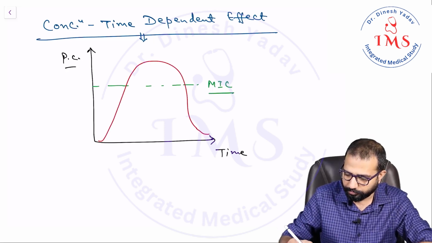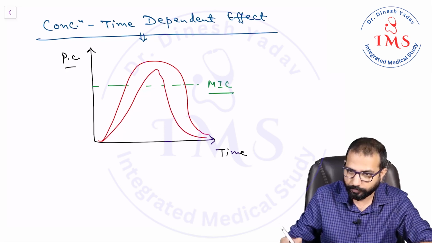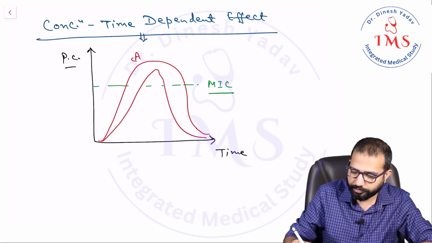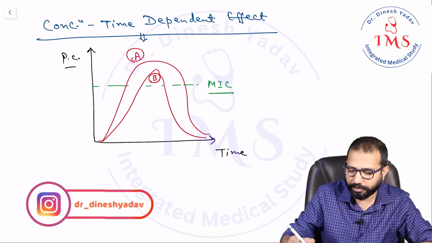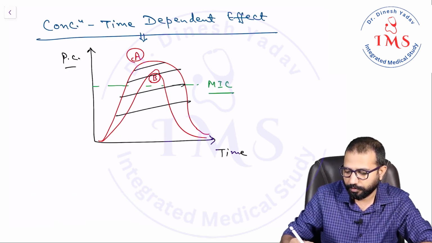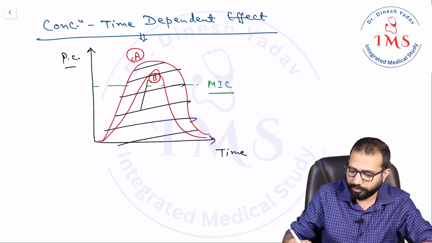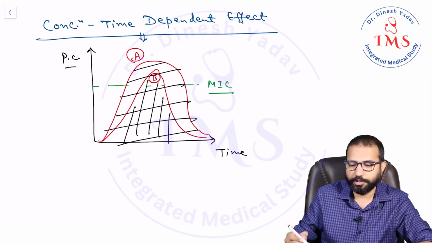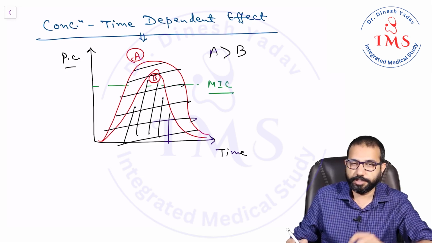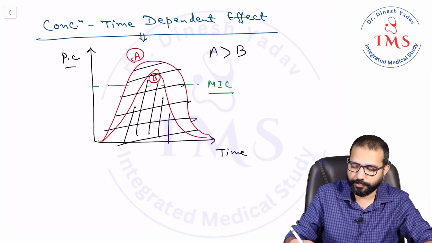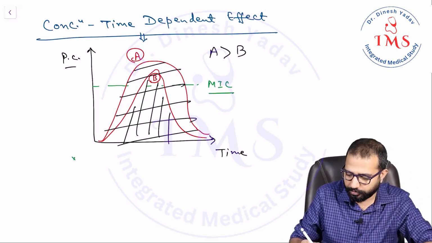Now if depending on the time as well as concentration, then what is important? Suppose there are two drugs, one is drug A, one is drug B, then it depends on the area under the curve. Drug A is having more area than drug B. Concentration as well as time, that means it depends on concentration and time both.